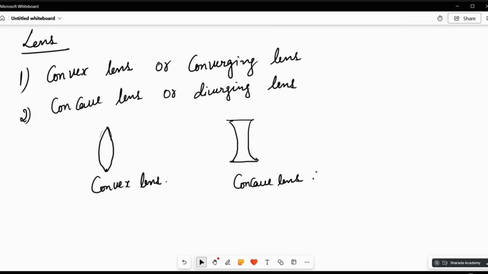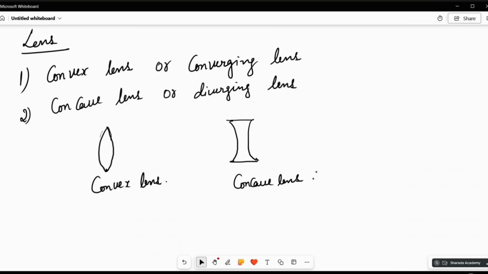One very important thing you should know is, we studied about concave mirror and convex mirror also, correct? There light was reflecting. The light which hits the mirror reflects back to the air itself.